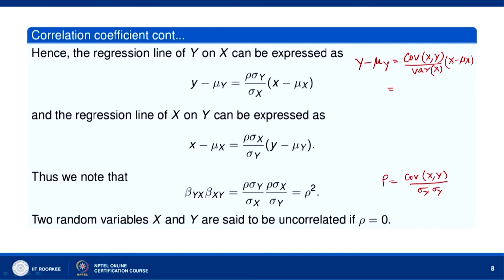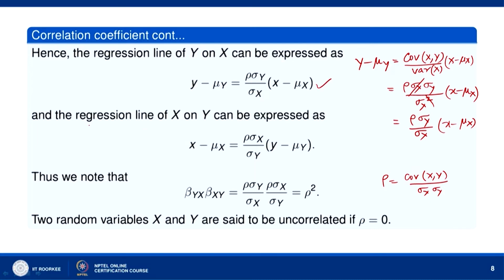So covariance of x y is rho times sigma x sigma y. I can write it as rho times sigma x sigma y divided by variance of x, which is sigma x square, and then x minus mu x. This cancels with this and we get rho times sigma y over sigma x, x minus mu x. So, y minus mu y equal to rho sigma y over sigma x into x minus mu x.